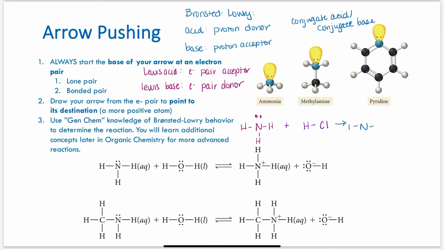And we would have our original ammonia, but we would see that this ammonia had picked up a proton from the HCl. And left over, we would have a chloride ion.